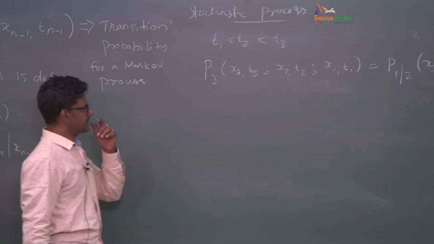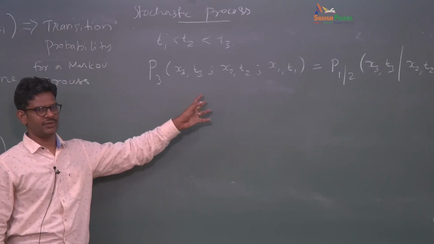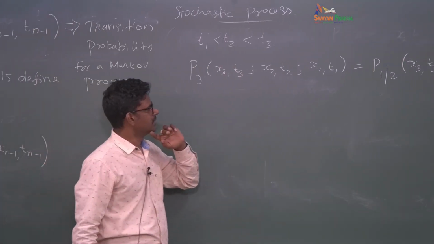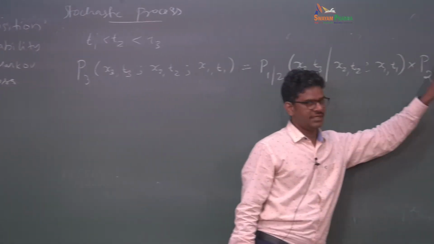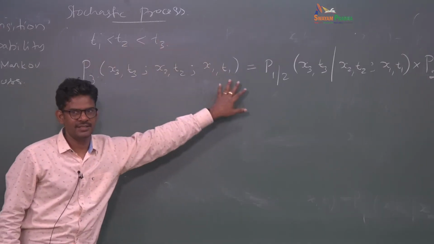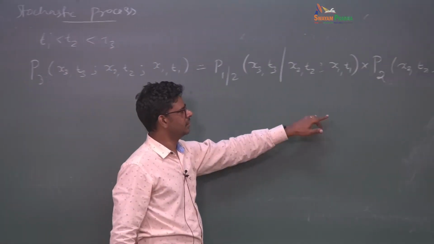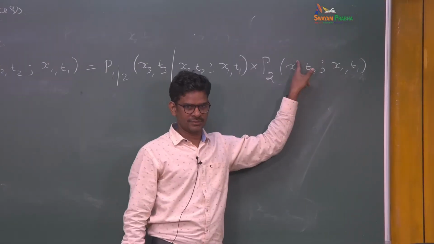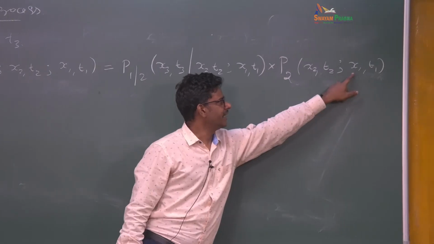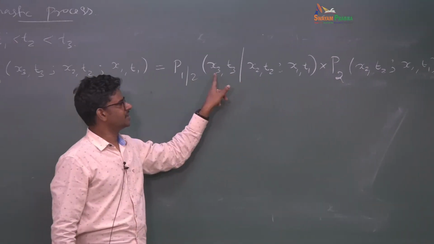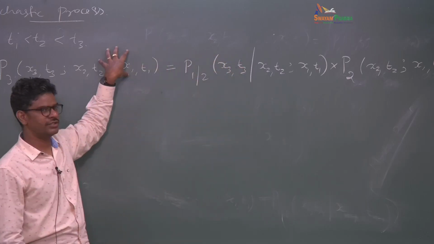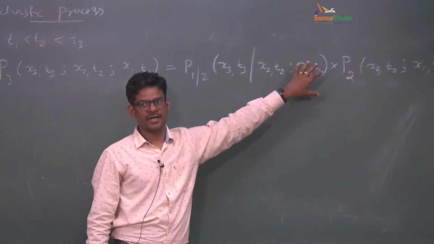So, what we are saying is that this joint distribution function we are trying to write in terms of conditional probability. This is a 3-point distribution; I am looking at a 3 time point distribution. I am writing this 3-point distribution as a 2-point distribution on 1 and 2, and then a conditional distribution: given x1, t1 and x2, t2, what is the likelihood of x3 and t3. So, we are writing a total joint distribution function using conditional probability.